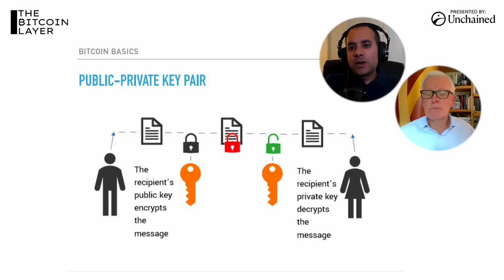So what it allows us to do in the Bitcoin context is share an address, which actually goes through two of these equations. You turn a private key into a public key and a public key into an address. You share that address, just like I share with you my email address.